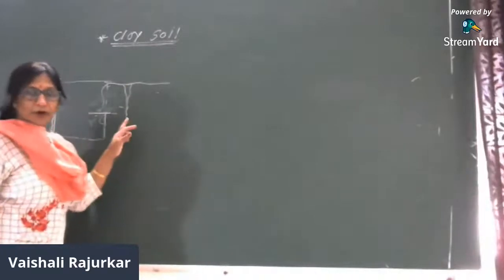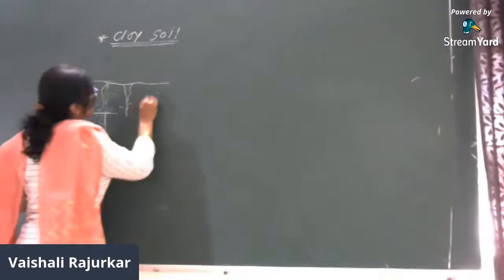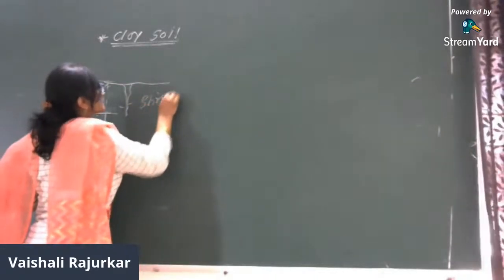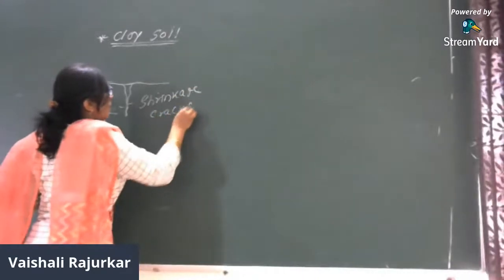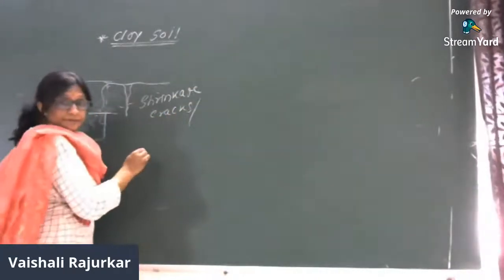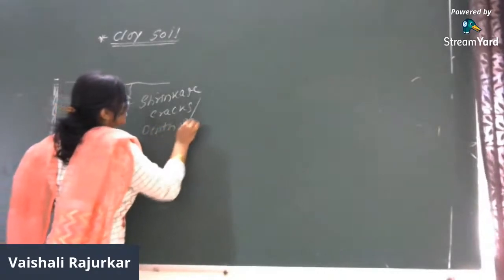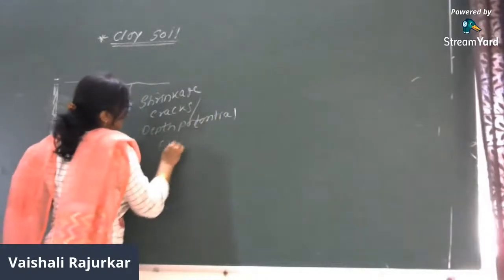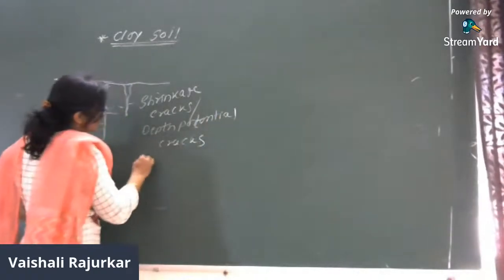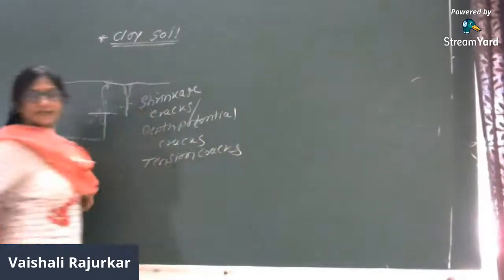These cracks are called shrinkage cracks, or depth of potential crack, or also tension cracks.